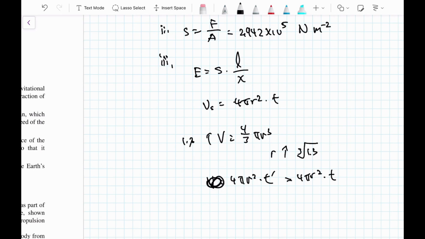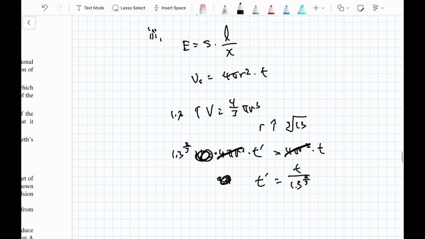So we can cancel out the 4 pi r squared, and this is multiplied by the extra factor, which should be 1.3 to the power of 2 over 3, as it is r squared. So what's left will be t prime is equal to t over 1.3 to the power of 2 over 3. Okay, so then we calculated the new t in terms of the initial t. So then we can calculate the strain.